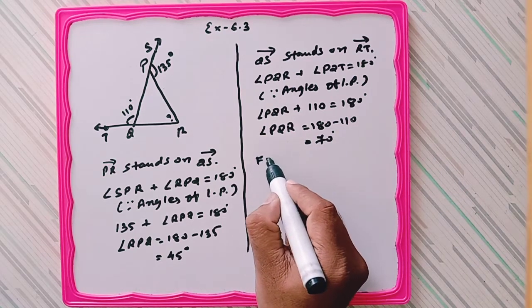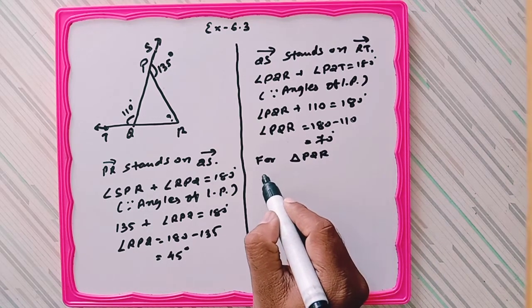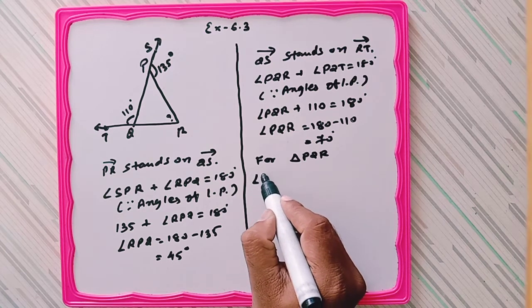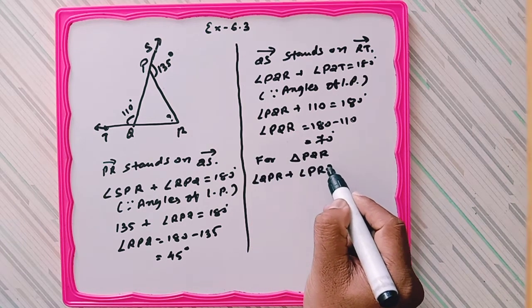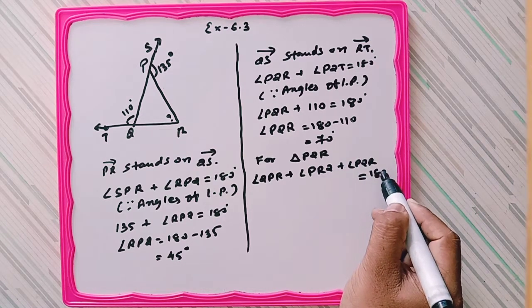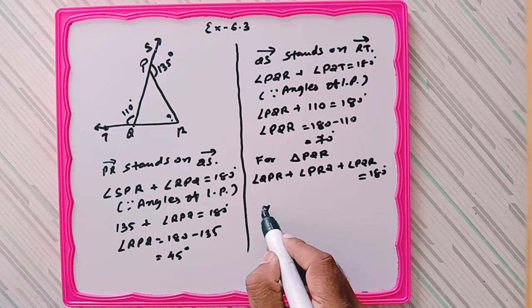Now for triangle PQR, we have the angle sum property. The three angles sum will be 180. So angle QPR plus angle PRQ plus angle PQR equals 180 degrees.